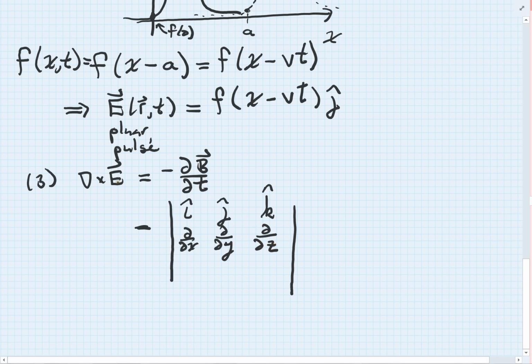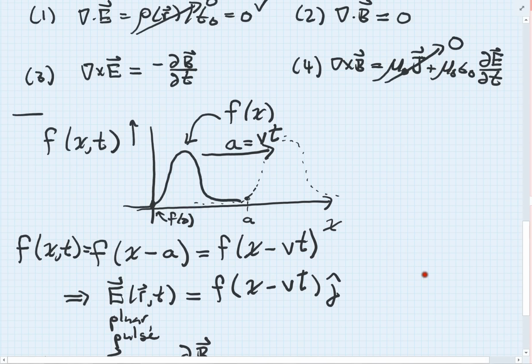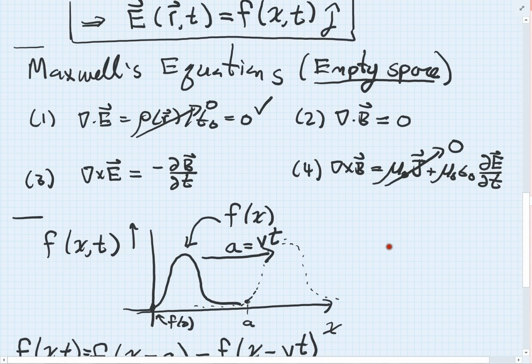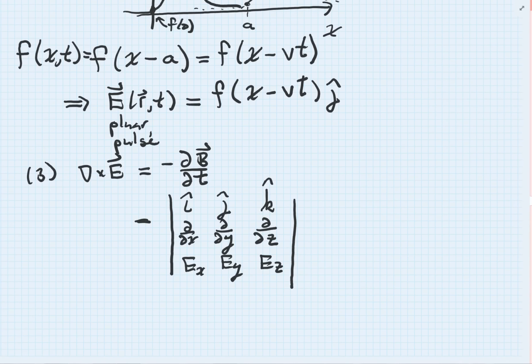And on the final row, we put the electric field, Ex, Ey, and Ez. Now, of course, a lot of these things we already know are zero. We've already determined, for instance, that the x component of the electric field has to be 0. And moreover, we defined our coordinate system so that the z component of the electric field is 0. We define things so that only the y component of the electric field is not 0. So let's reflect that in our calculation.